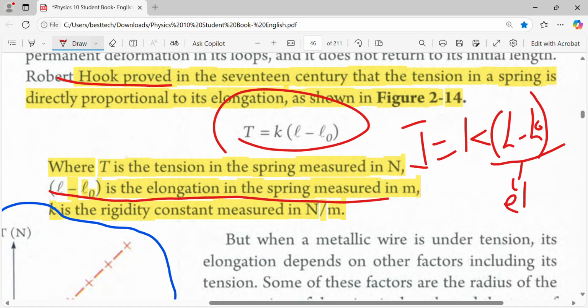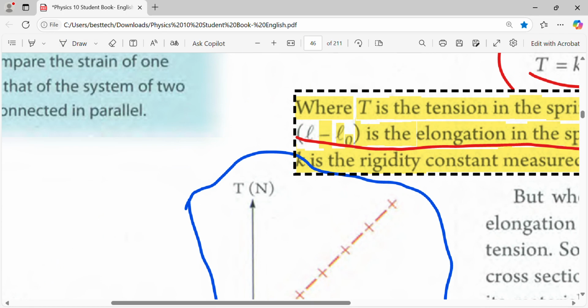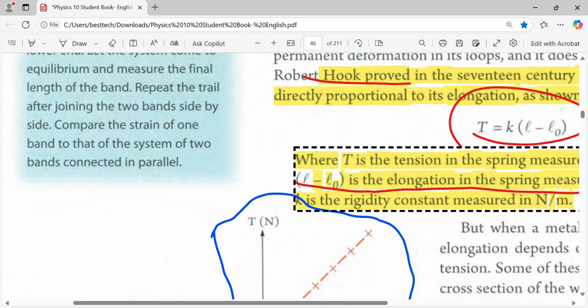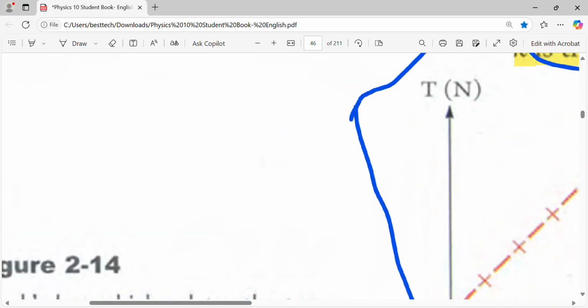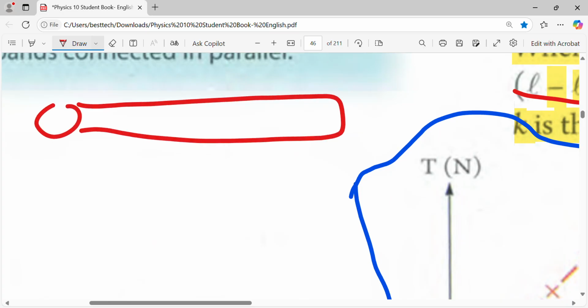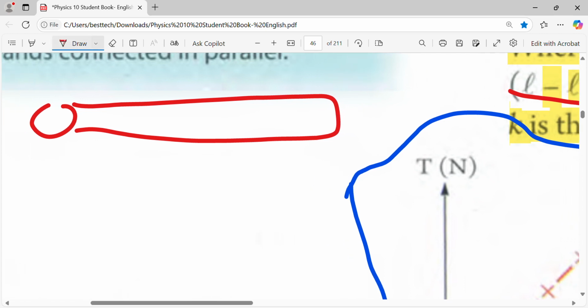What is that elongation? Guys, when you have a spring or a metal, for example here, I'm going to make a picture. When you have that metal, we know the original length, for example L naught, any number, for example 6 meters.